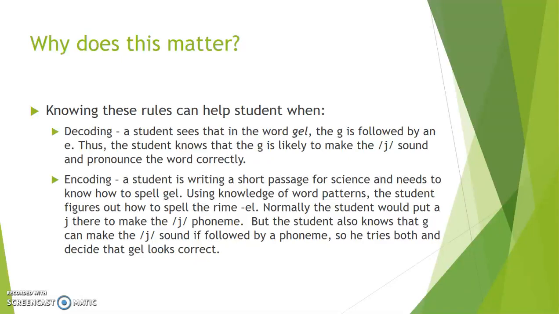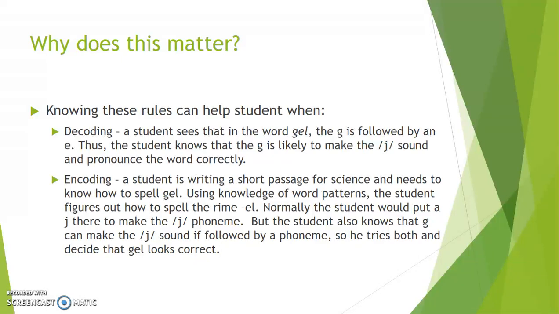For encoding, this is important because it helps students to spell words correctly. So say a student is writing a short passage for their science class and needs to know how to spell the word gel. Using the student's knowledge of word patterns, the student figures out how to spell the rhyme, E-L.